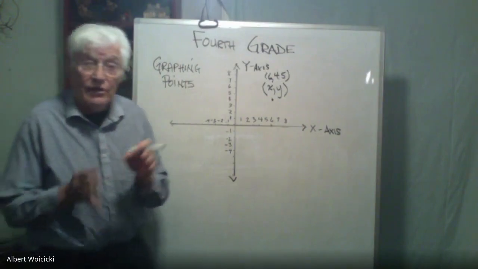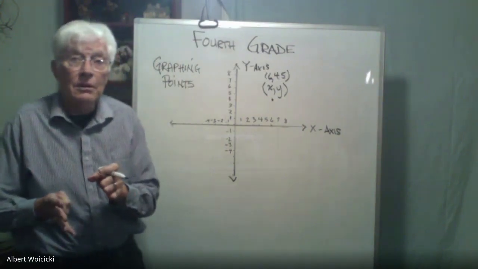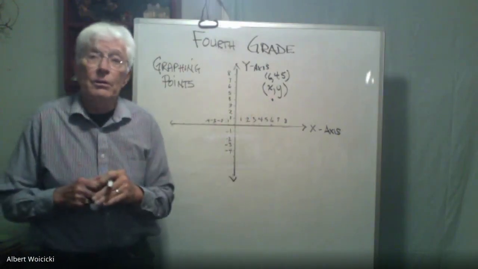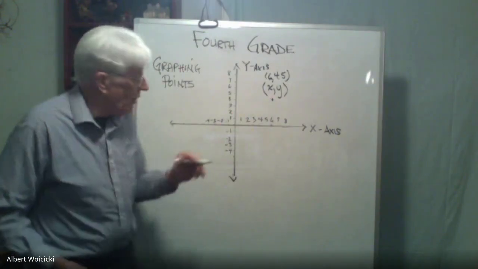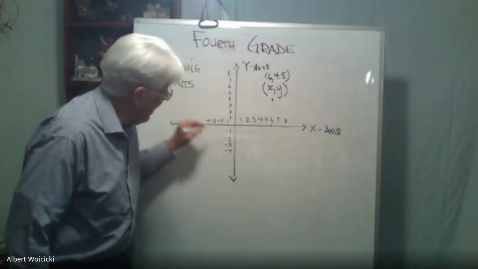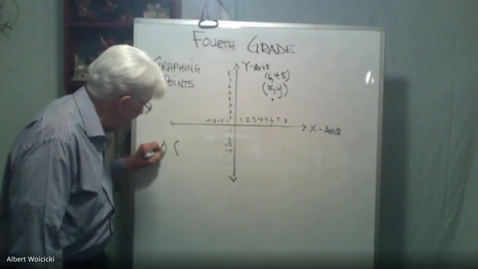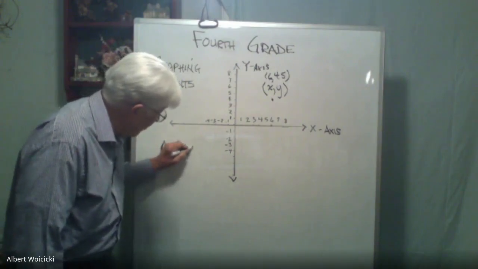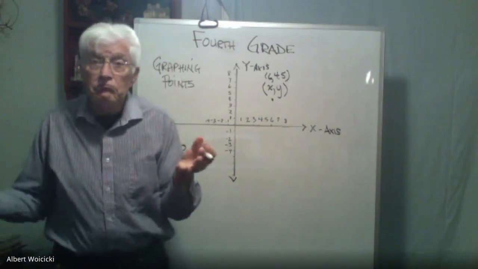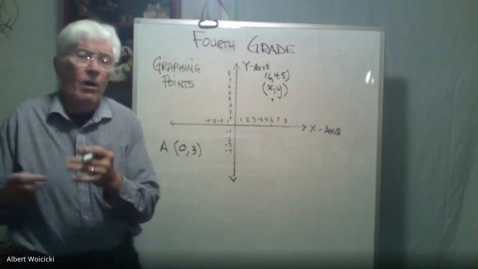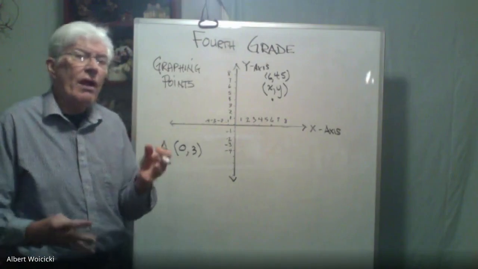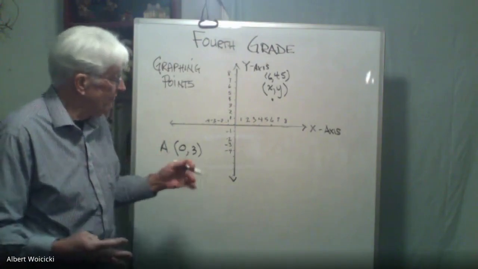Now, it could be possible that the value for X is 0. So you could have something like this. Let's say my point is A, and it's 0, 3. Well, the value of X is 0. Where is the value of X 0?